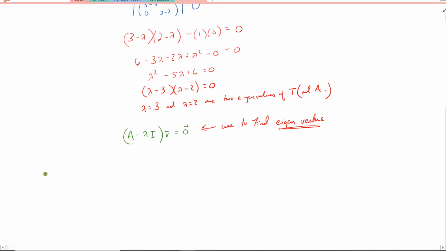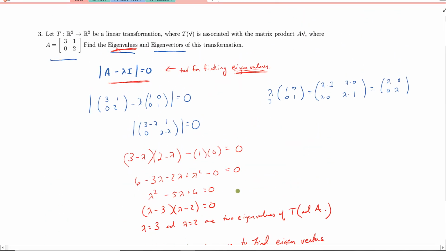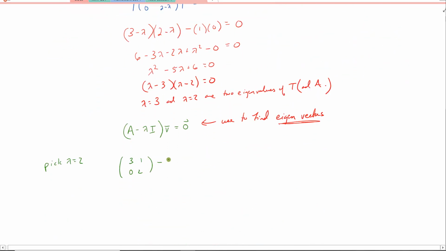Let's pick one of our lambda values. Let's pick lambda equal to 2, and let's find the corresponding matrix equation. So we had matrix A was [3, 1; 0, 2], I believe. Let me double check that. Yep, [3, 1; 0, 2], minus, and here we're picking the value 2 for lambda, times I, [1, 0; 0, 1]. And we're going to multiply all of this by our unknown vector v, and we want this to equal the 0 vector.